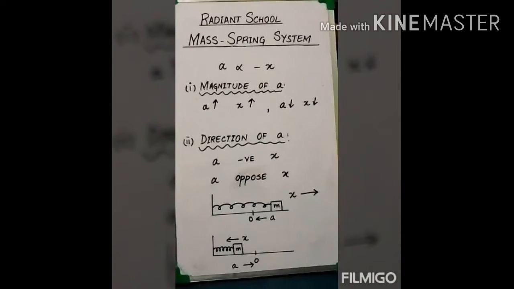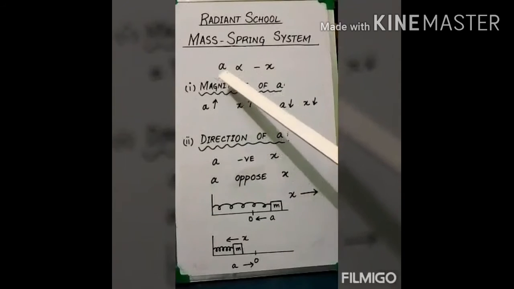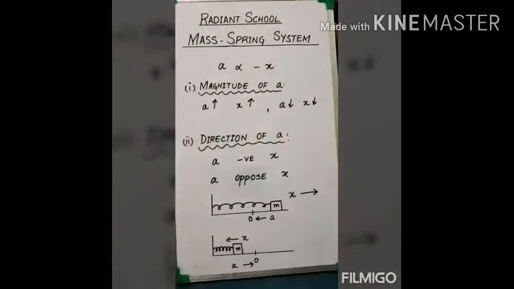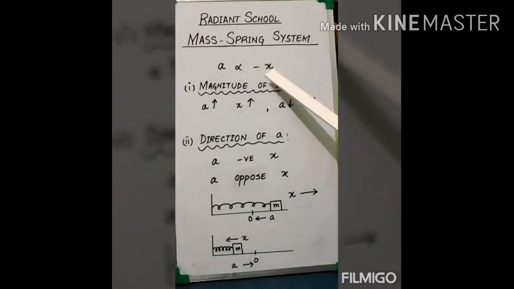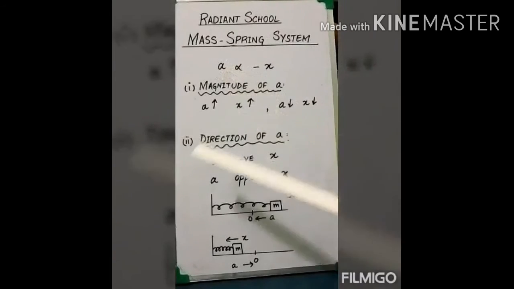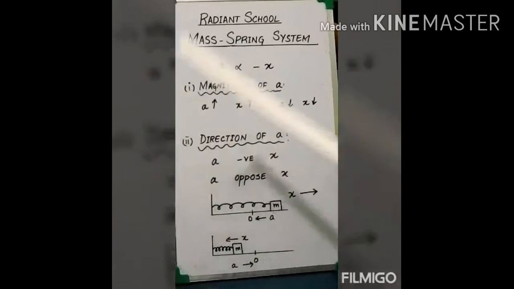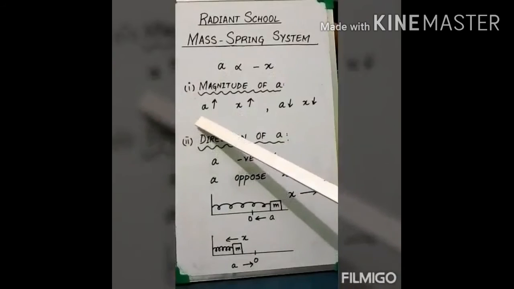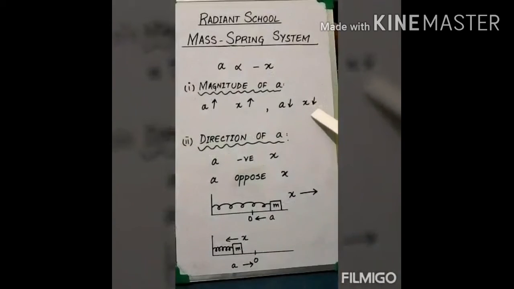The acceleration of this motion is important right now. You know that acceleration is a vector, so it has magnitude as well as direction. Now what do you conclude from this proportionality? Ignoring the negative sign, a is proportional to x, where x is the displacement from the mean position, how far the mass is from O, and acceleration is the acceleration produced in the body. More the displacement, more the acceleration. Less the displacement, less the acceleration.